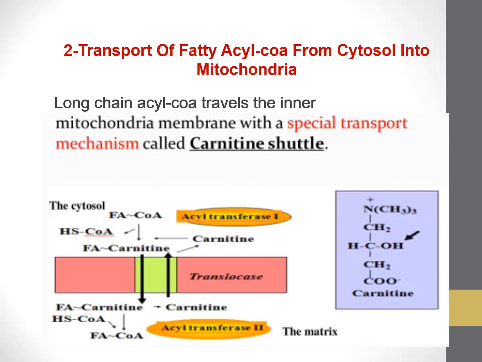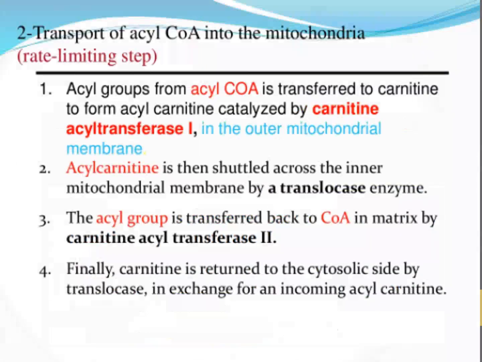The second step is the transfer of acyl-CoA after activation into mitochondria. What happens is that acyl groups from acyl-CoA are transferred to carnitine to form acyl-carnitine, catalyzed by the enzyme acyl transferase.